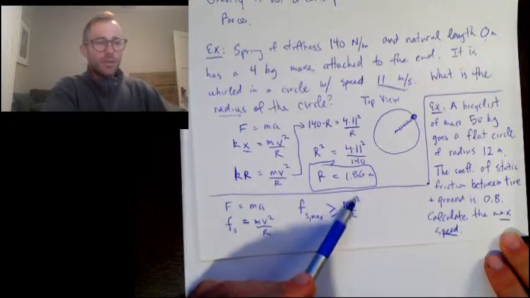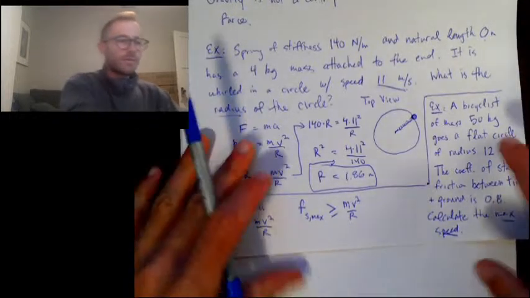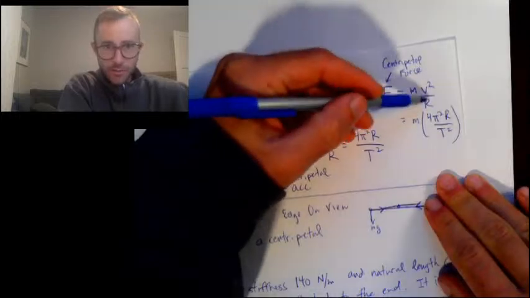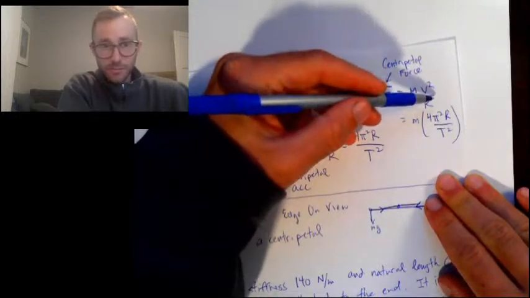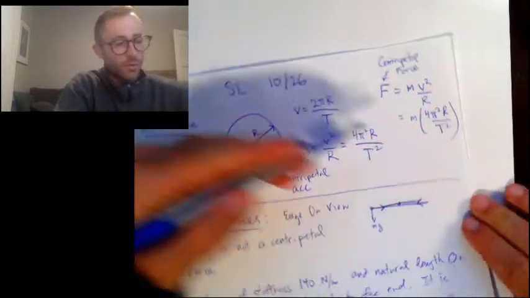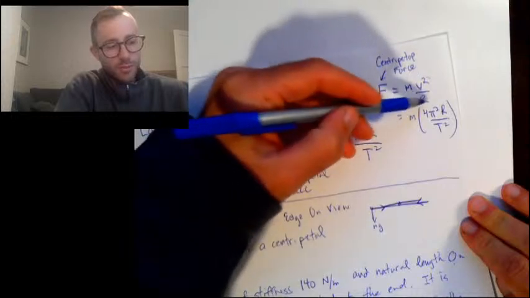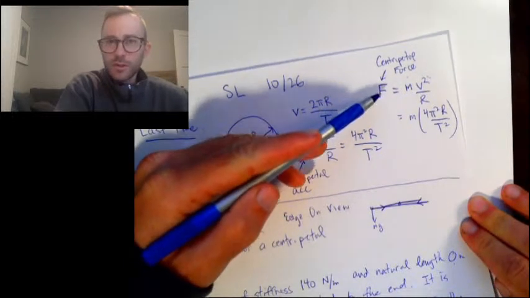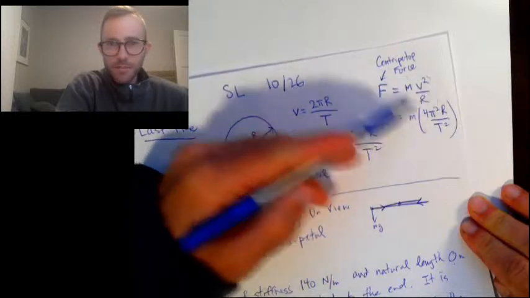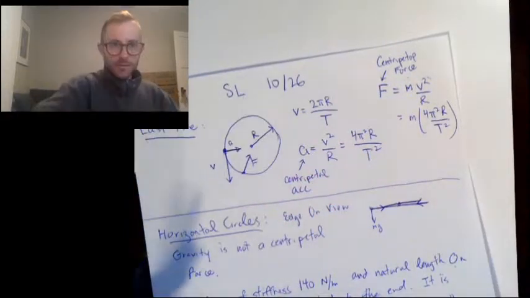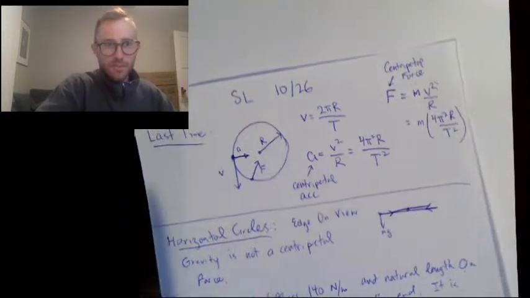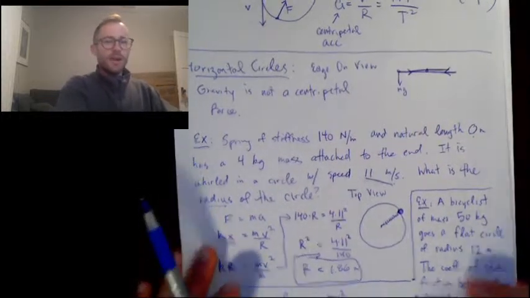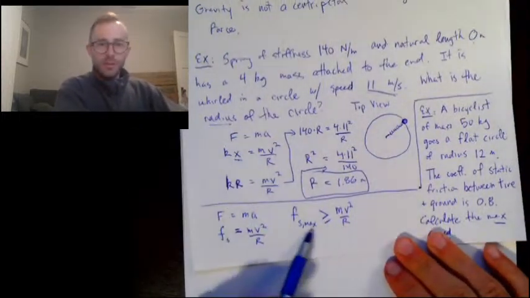Because mv squared over r is the force required to go in that circle. It's the force required to go in a circle with this radius and this speed. So if the actual force is less than this amount, then you're going to fall out of the circle. So we had better have that this inequality is true.